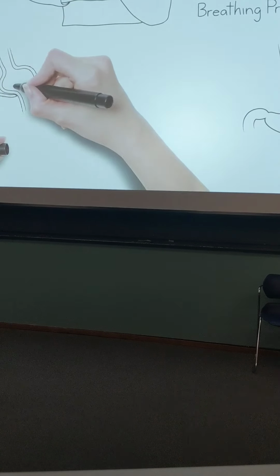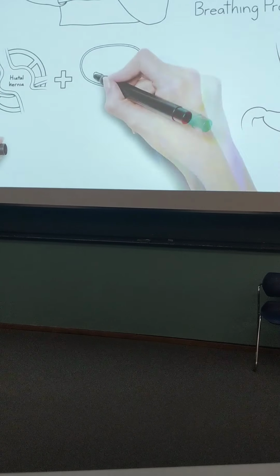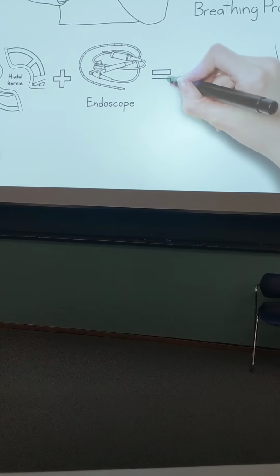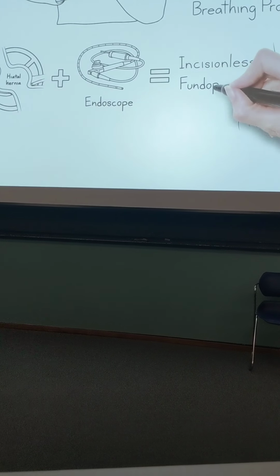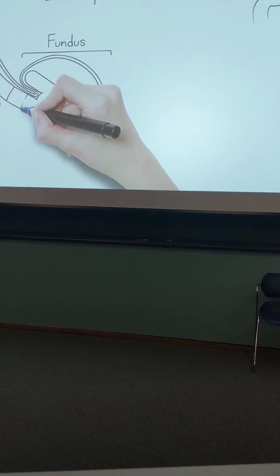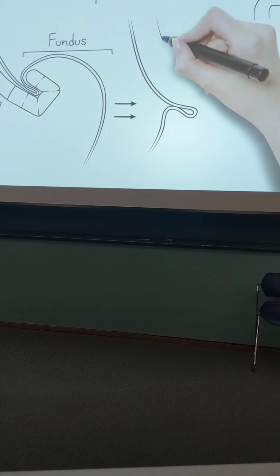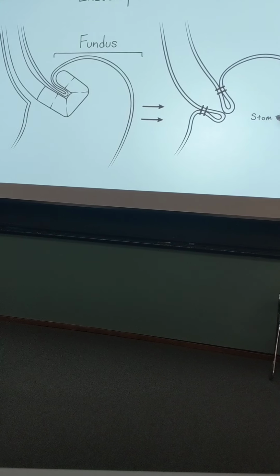If you do not have a hiatal hernia, an endoscopic version of this surgery, called incisionless fundoplication, is available. In this version, doctors fold the fundus inside the stomach and tack it into place below the LES to create a natural barrier against reflux.